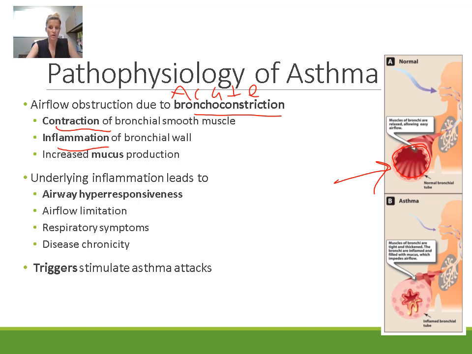Inflammation of the bronchial wall is going to lead to a thickening of the wall, as you see down here at the bottom. A thickening of this wall, which then further decreases the size of the lumen. So we have constriction that decreases the size of the lumen, and then inflammation of the wall that further decreases the size of the lumen.